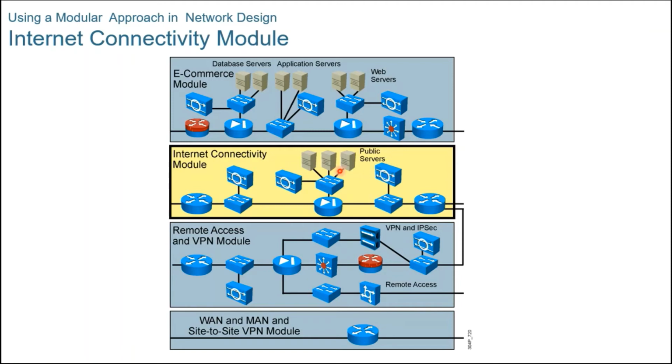As I mentioned earlier, you've got the SMTP mail servers, which act as a relay between the internet and the intranet mail servers. You also have the DNS servers, which serve as the authoritative external DNS server for the enterprise and relay internal DNS requests to the internet.